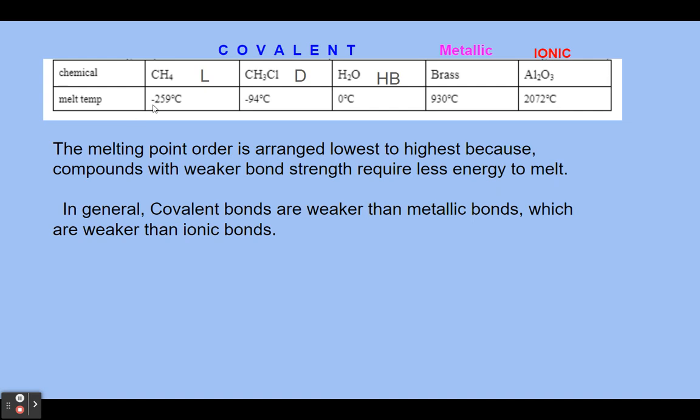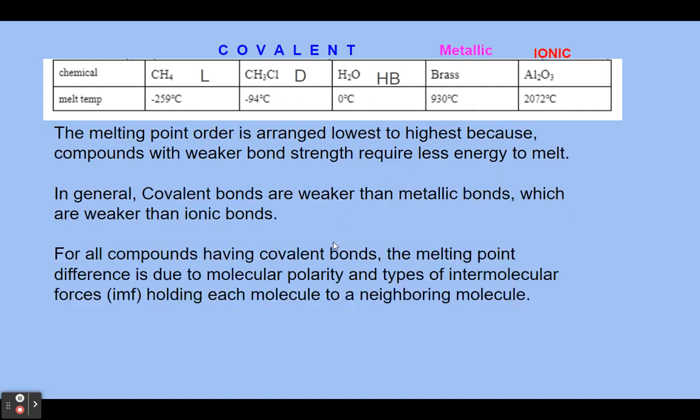So the order is primarily established due to bond type. For all compounds having covalent bonds, the melting point difference is first due to the bond type, but can be further discerned due to the intermolecular force type and the difference in molecular polarity.